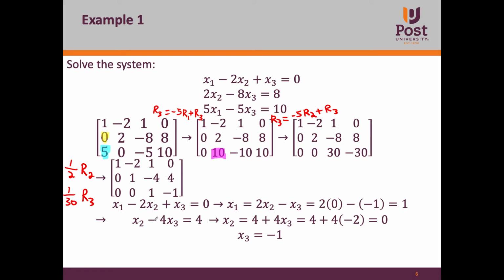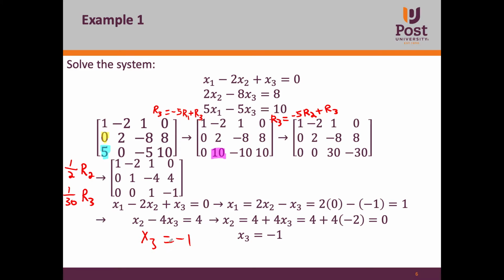So the three equations that we have are: x sub 1 minus 2x sub 2 plus x sub 3 is equal to 0. X sub 2 minus 4x sub 3 is equal to 4. And x sub 3 is equal to -1. That's just writing this matrix back as a linear system.